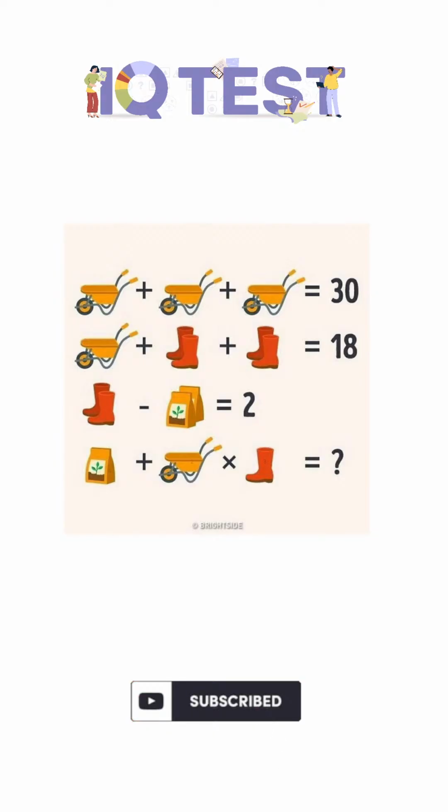If we do the multiplication first, we'll have 10 multiplied by 2, that is the wheelbarrow multiplied by the boot, which gives us 20, plus 1 for the bag of seeds, and that will give us 21. So our answer over here is 21 as well. The answer over here is 21.